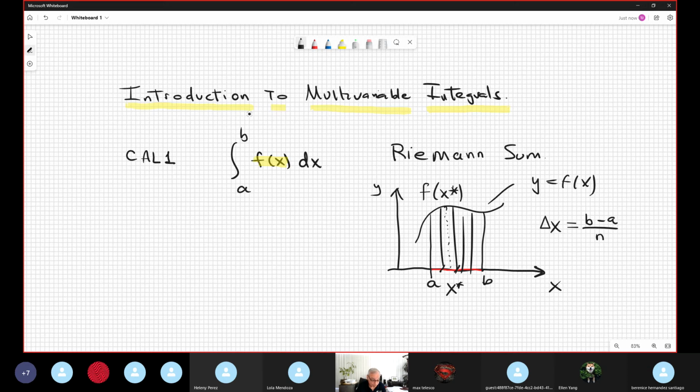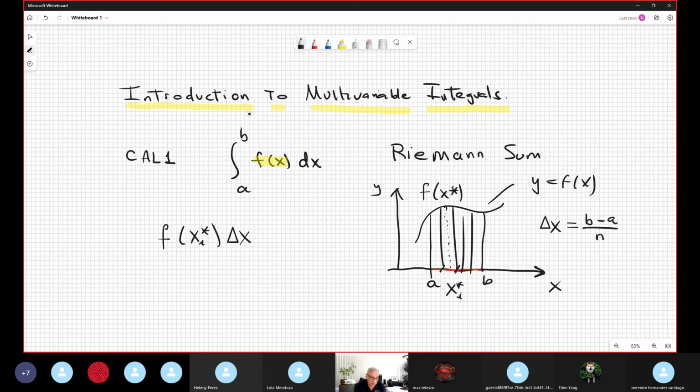So the idea is you multiply f of x star i, because I take the i-th partition, 1, 2, 3, 4, 5, the partition number i, multiplied by delta x.